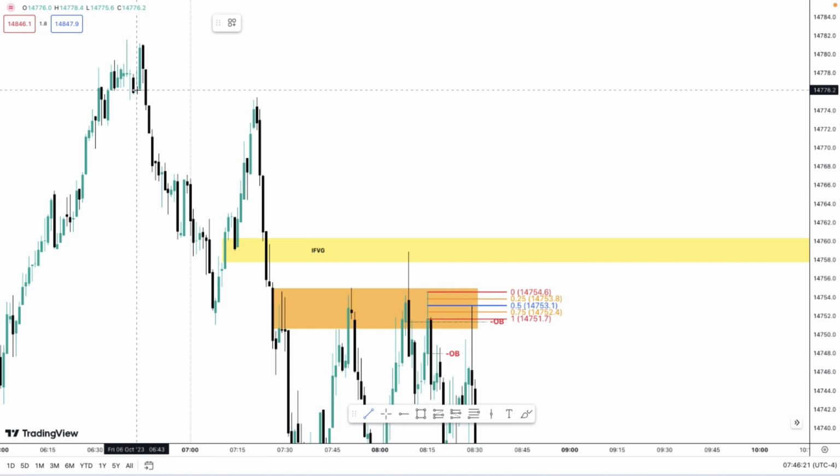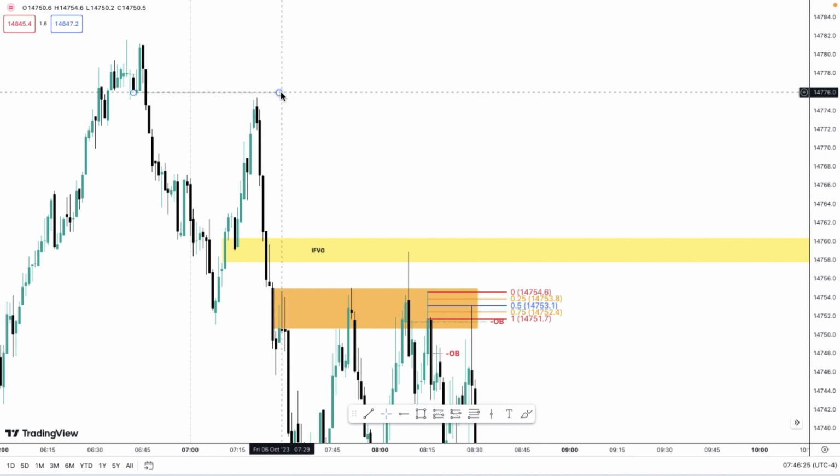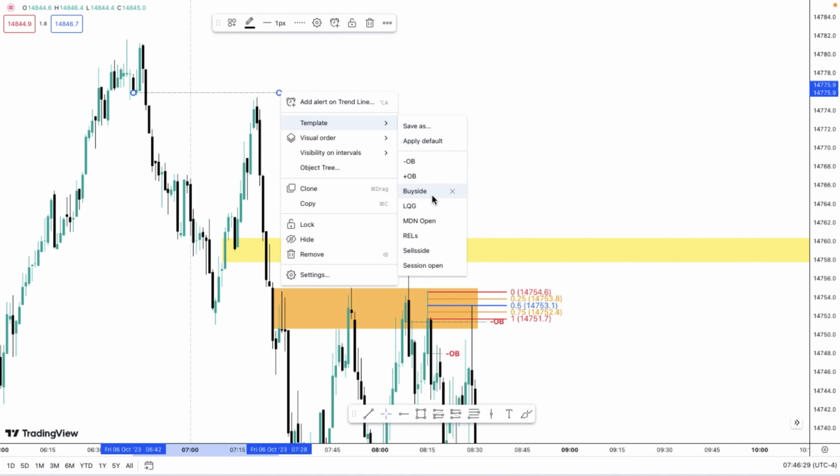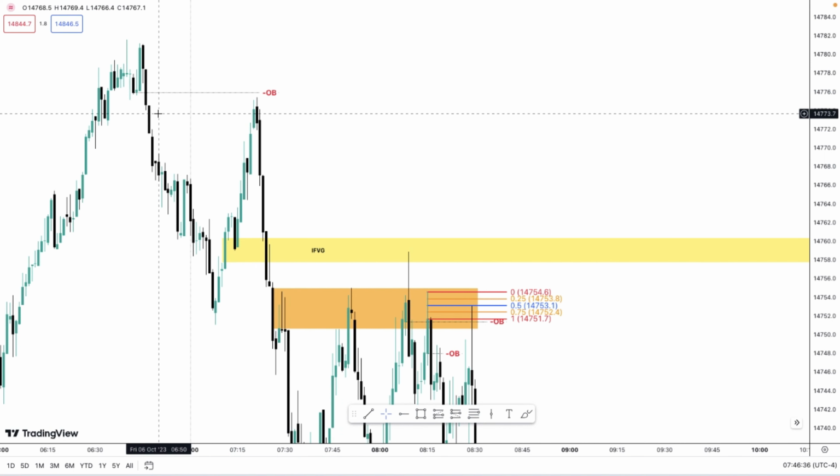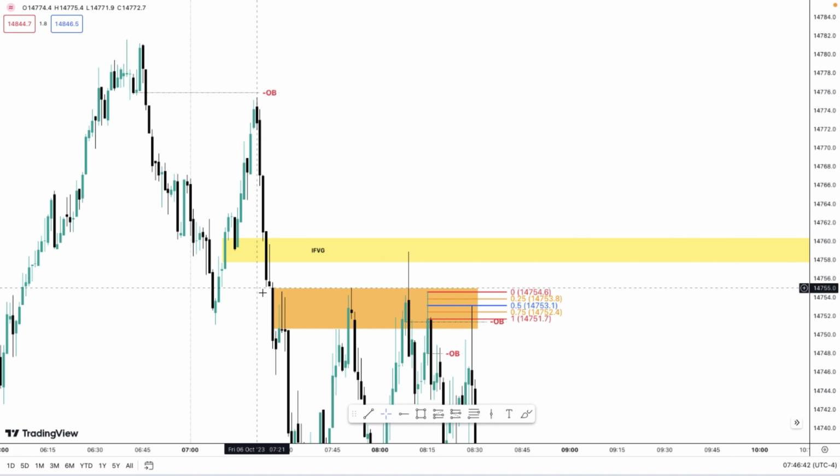Order block. Doesn't reach the order block, but it finds resistance. It's a bearish order block. At the order block, in fair value gap here, trades into this fair value gap, and then it breaks lower.